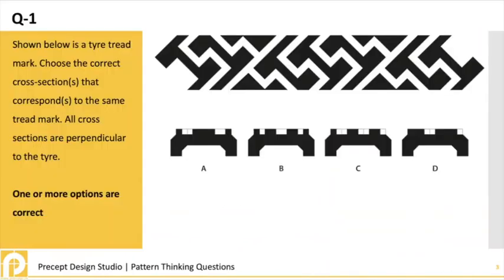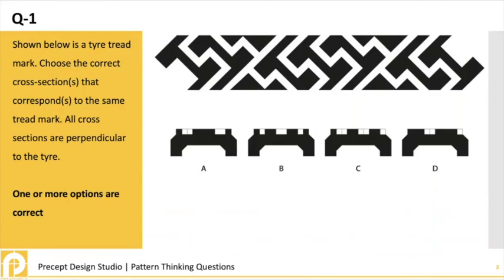So, to start with, you are shown here a tire tread mark. Choose the correct cross section or sections that correspond to the same tread mark. All cross sections are perpendicular to the tire. One or more options are correct in this question.